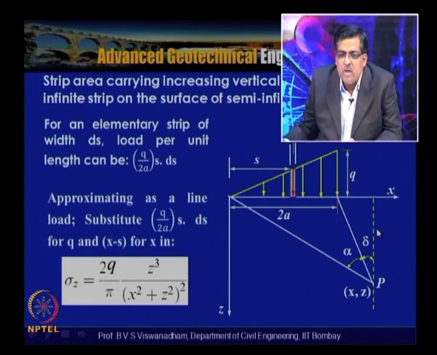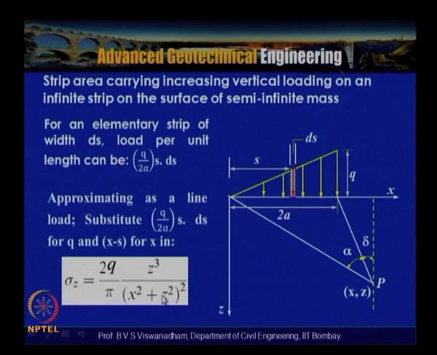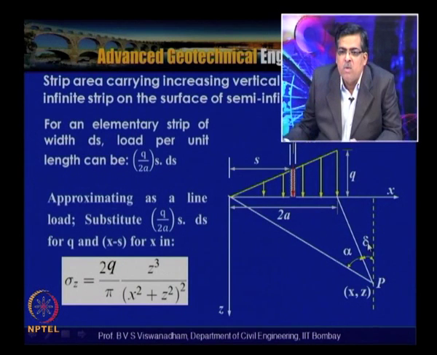So, let us assume that we have a point at this particular point here. In that case, delta will be equal to 0. When we are interested in calculating the stress at this particular point, where the load intensity is high, then delta will be equal to 0.